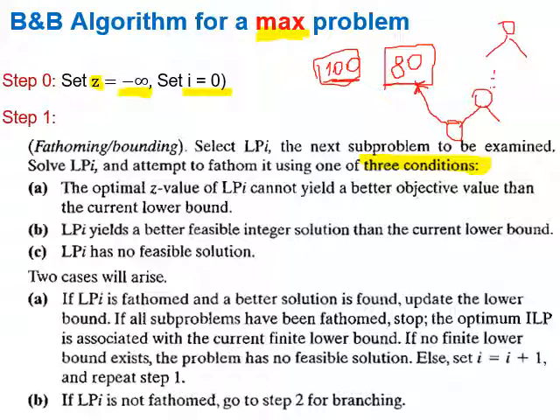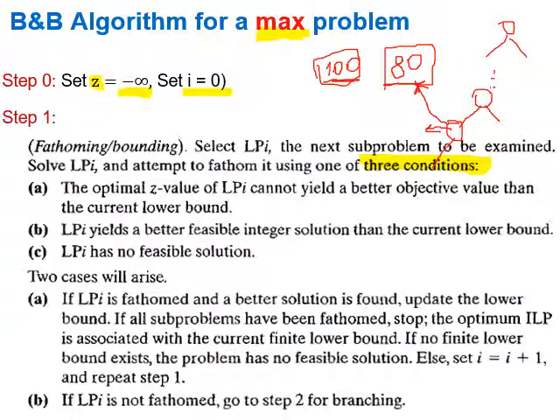Why? Because going under this node means that you are adding constraints to your model. When you add a constraint, your objective function value cannot improve. It either stays the same or it worsens. So we solve an LP here to maximize an objective function value, and its value is 80.